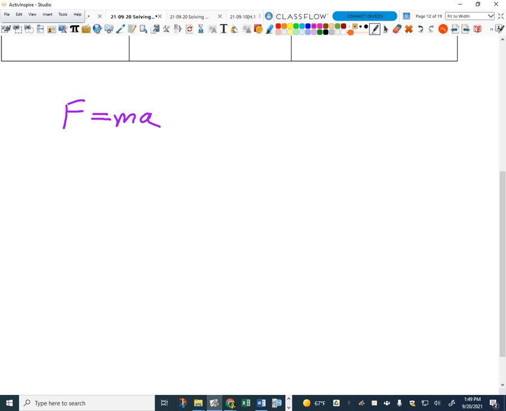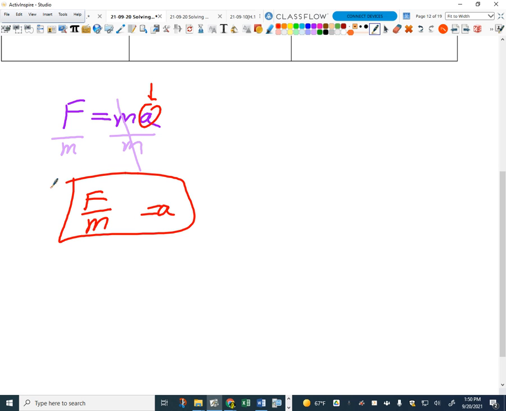So I'm going to isolate the A, and the only thing I have to do to get the A by itself is just divide by M, right? So the M's cancel, and I end up getting A equals F divided by M. So now I have a new formula. I could predict the acceleration by just dividing the force, which I know, by the mass, which I know. Okay, give me thumbs. Okay, you get the idea.